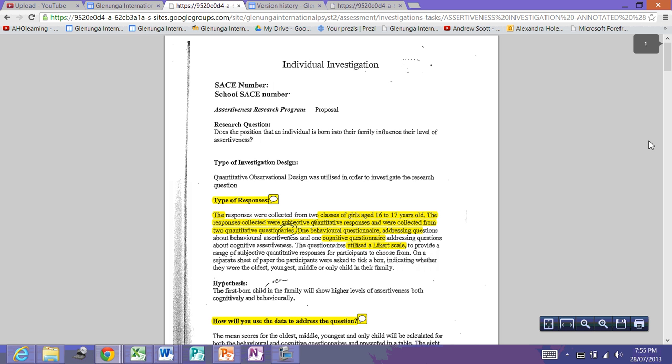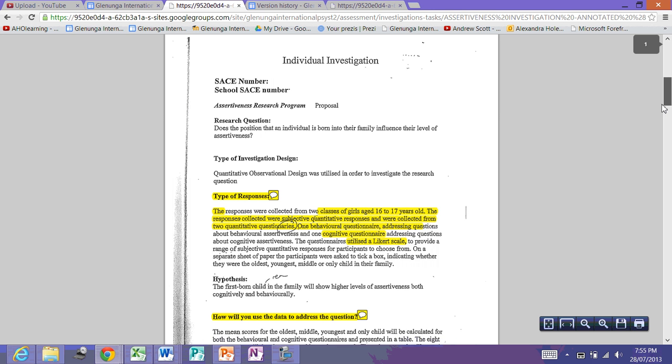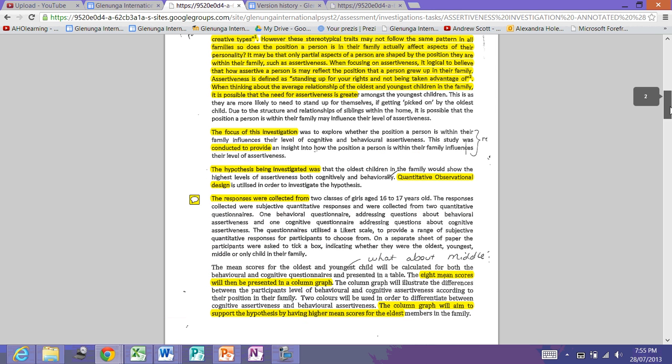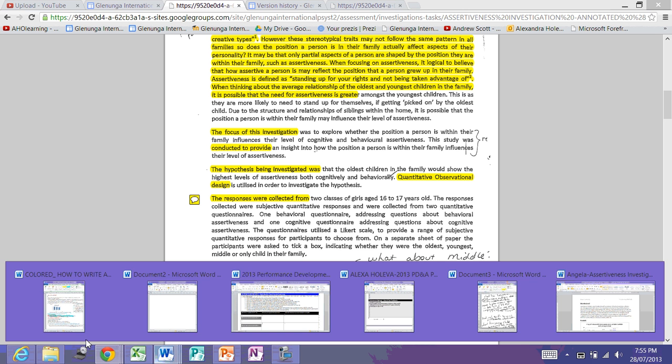So you see, you didn't use it. Angela, please use it. Look how huge the introduction is. You have only this component, and you don't have the focus of the investigation, the hypothesis of the investigation, what kind of data you're going to use, how the responses were collected, how they're recorded, and how you're going to represent your data. This is the paragraph from this document.